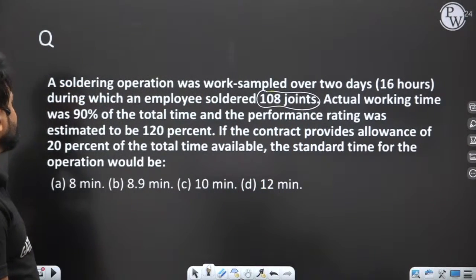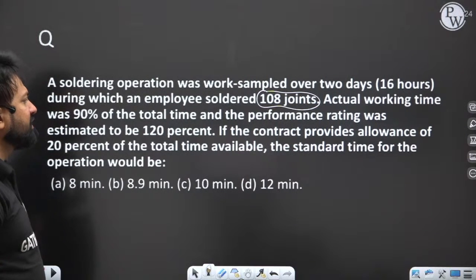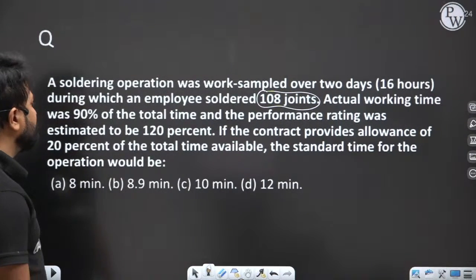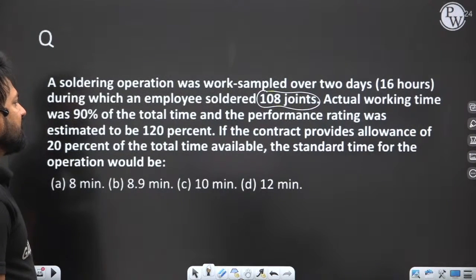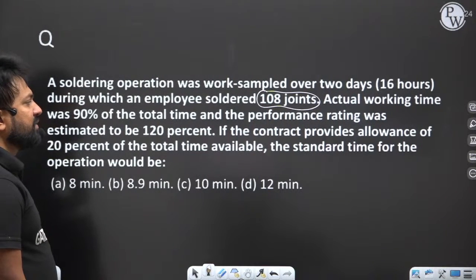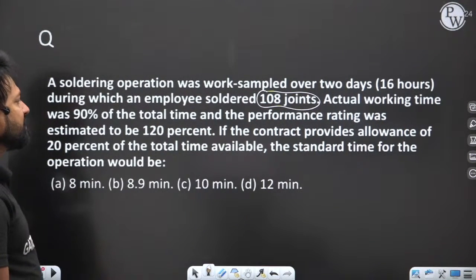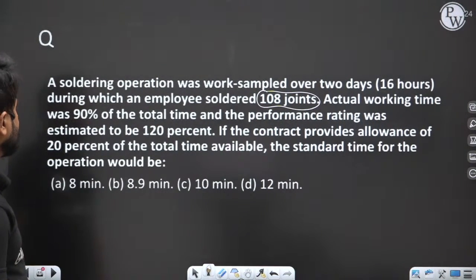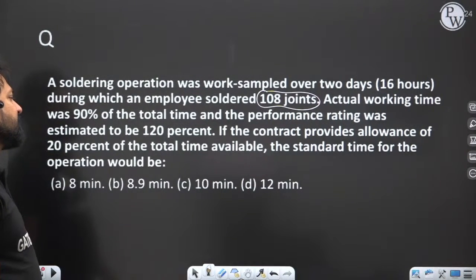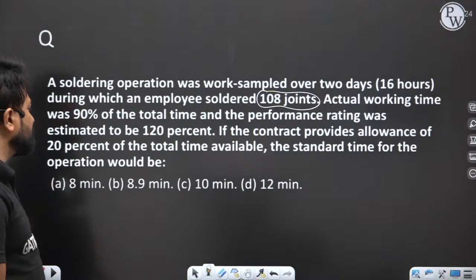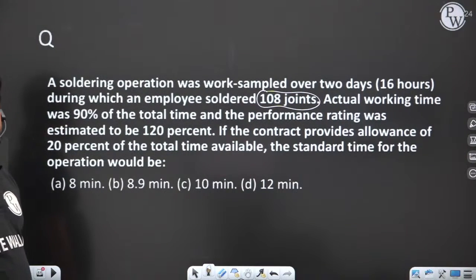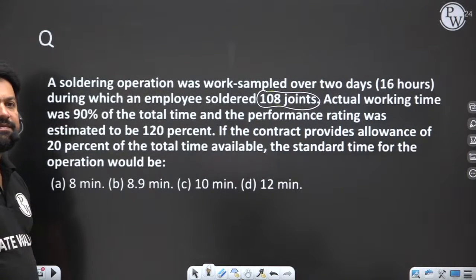Actual working time was 90% of the total time, and the performance rating was estimated to be 120%. If the contract provides an allowance of 20% of the total time available, the standard time for the operation would be? Tell me the answer.